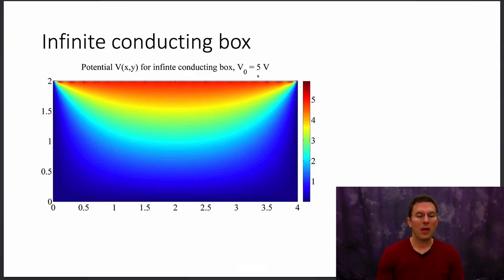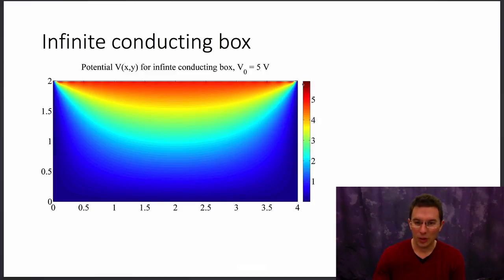Okay, but you can see essentially what's happening here. This is a plot of the potential V of x and y. So the potential is a function of x and y throughout the entire interior of the box, and you can see that the potential at the sides here and on the bottom is equal to 0.